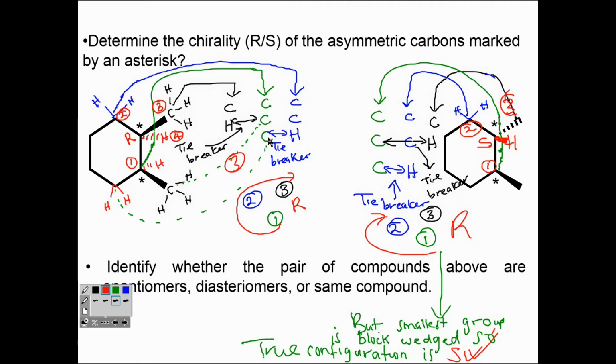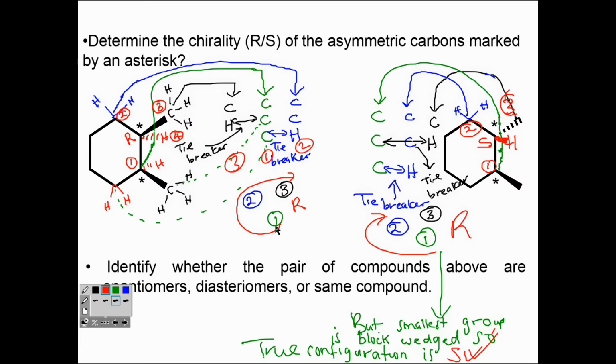Then the green is going to have priority number 1 because it has a carbon which has a higher atomic number than the hydrogen. Then the blue is going to have 2.